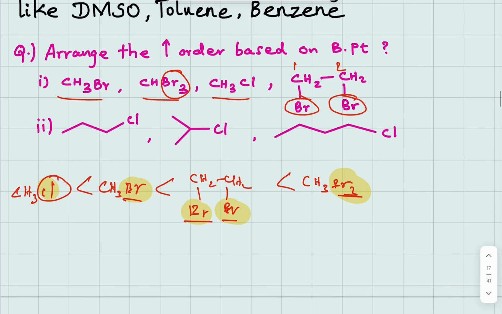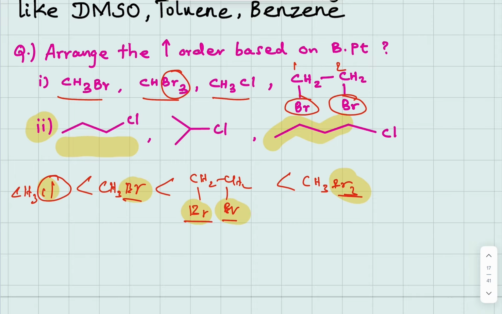Now, in the second case, here I have the alkyl halide derivatives: 1-chloropropane, 2-chloropropane, and 1-chlorobutane. So now if the number of R groups increases, more boiling point will be present.